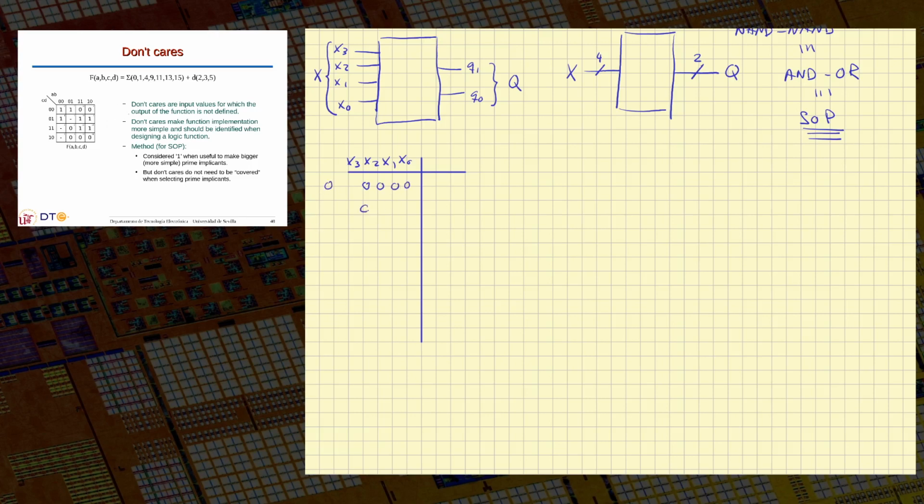The next value in the table would be 0, 0, 0, 1, that represents number 1. So this will be the value of the number x. It's because we use this order in here. If we use a different order like x0, x1, x2, x3, this value would be number 8, not number 1. So it's important to have it into account and to use a sorting of the variables that makes it easy to see what they represent. So my truth table will be something like this.